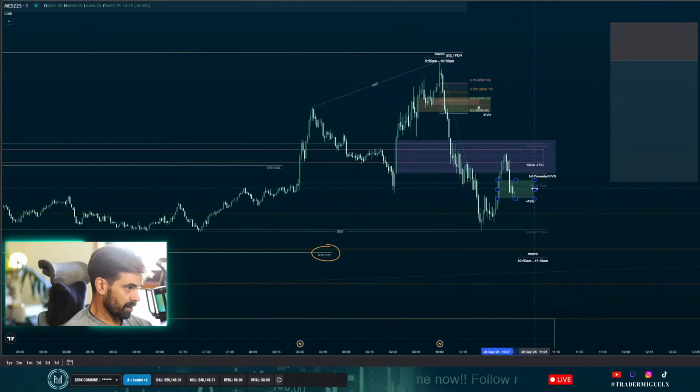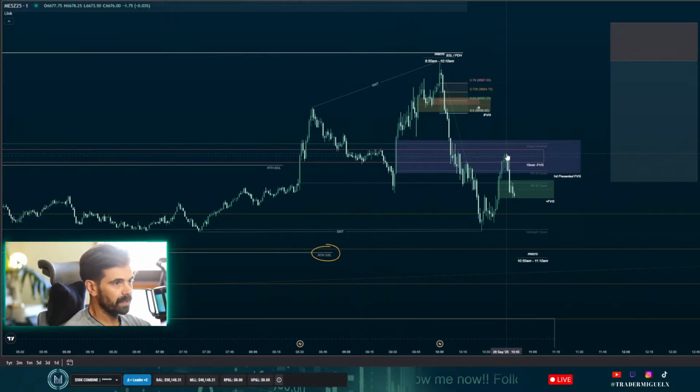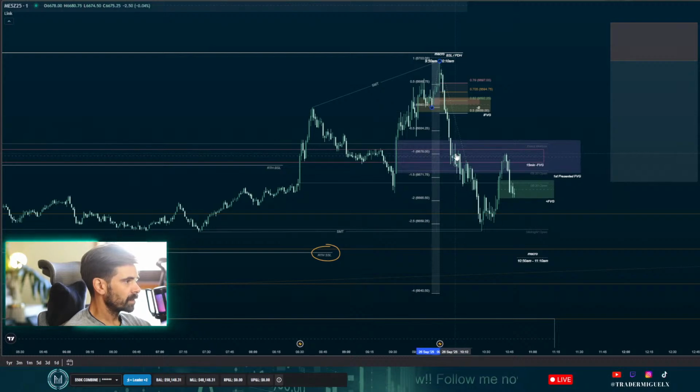So far, still holding inside. So you can make another high, taking out this liquidity here, or just leaving it. Let me just check it once again here. So we went to -1 as a retrace.